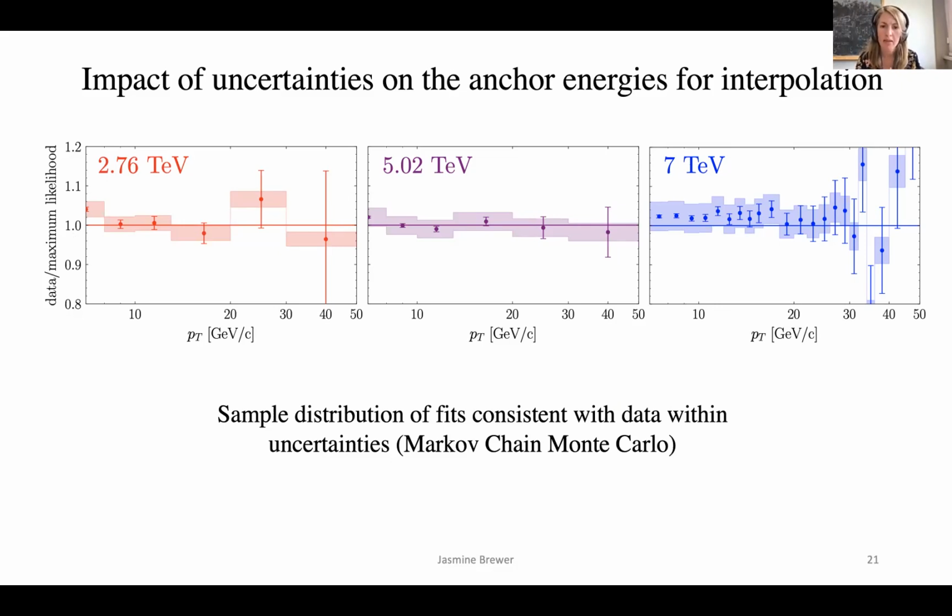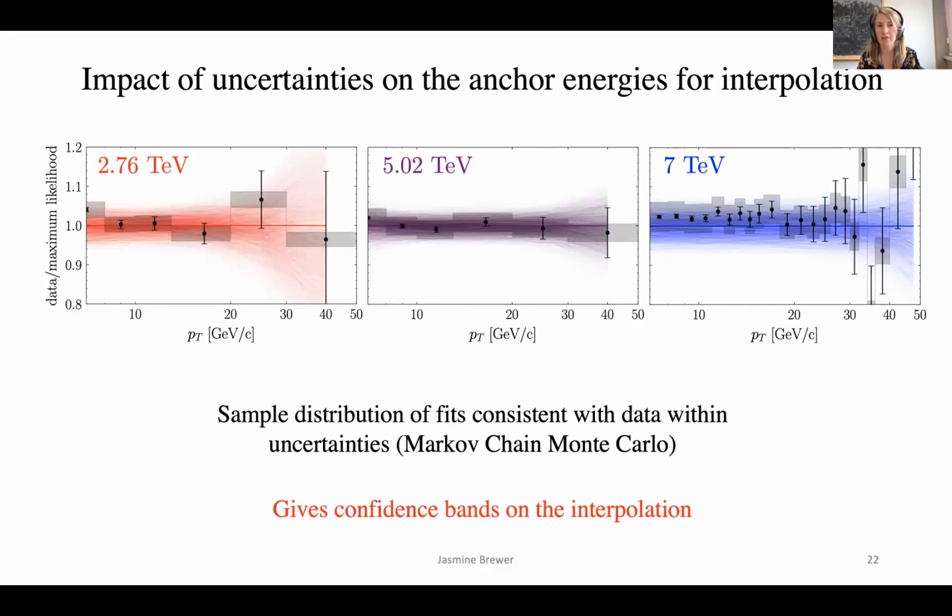And so the way that we dealt with this is to use a Markov chain Monte Carlo to sample the distribution of fits that are consistent with the data within these uncertainties. Just to give some conceptual picture, if you do the sampling and then look at the posterior of the Markov chain Monte Carlo, it gives you a distribution of fits, which are now shown in these light colored lines.